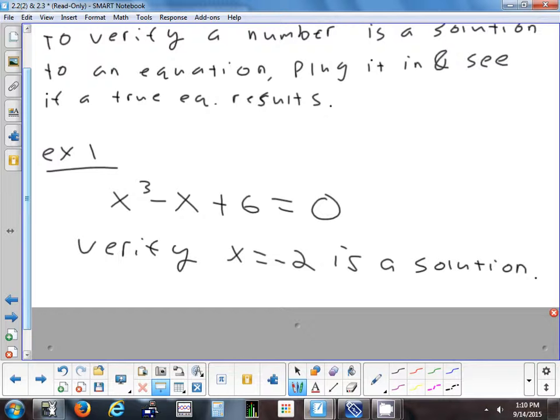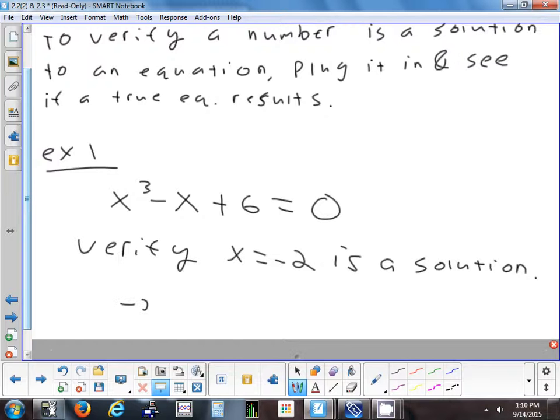Yeah, I'm going to fill it in everywhere I have an x. So we get -2 cubed. Just be careful here, minus -2 plus 6. And we're hoping it comes out to 0. If it does, we're good. If it comes out to something other than 0, like if it comes out to 2 equals 0, that's false. So it means our answer doesn't work.